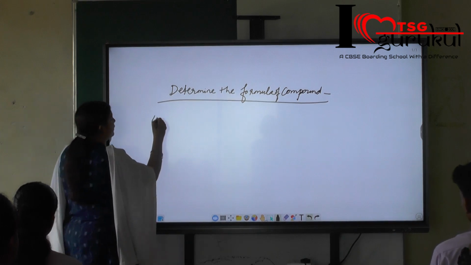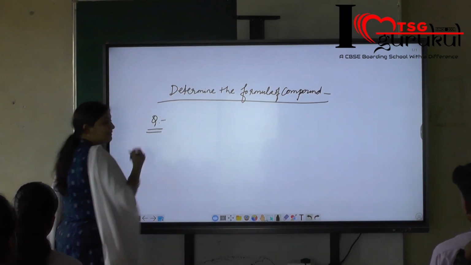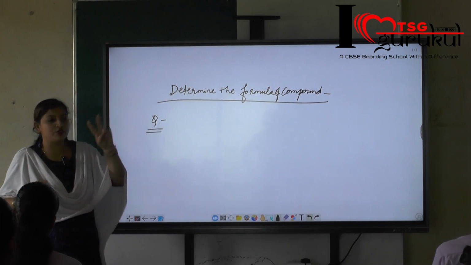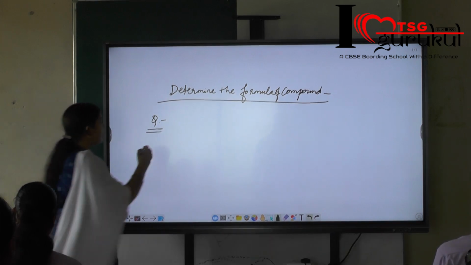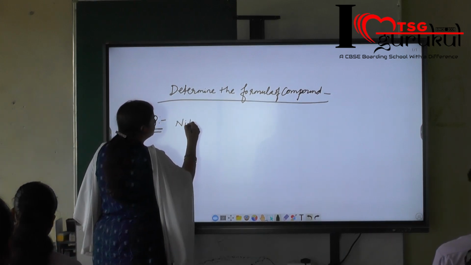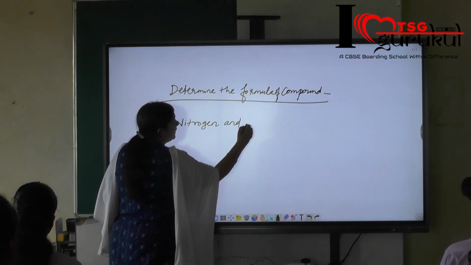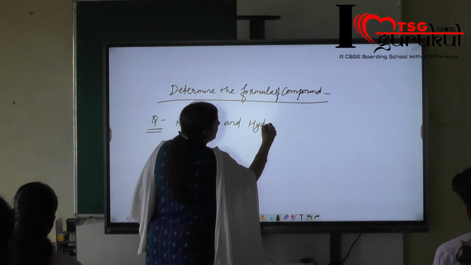Suppose a question is given to you, how to solve it? There is a compound formed by the combination of two elements. Let the elements be nitrogen and hydrogen. Nitrogen and hydrogen.